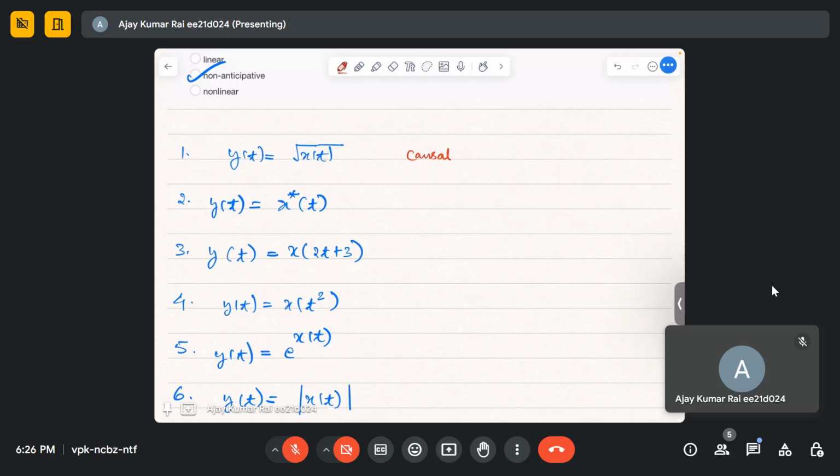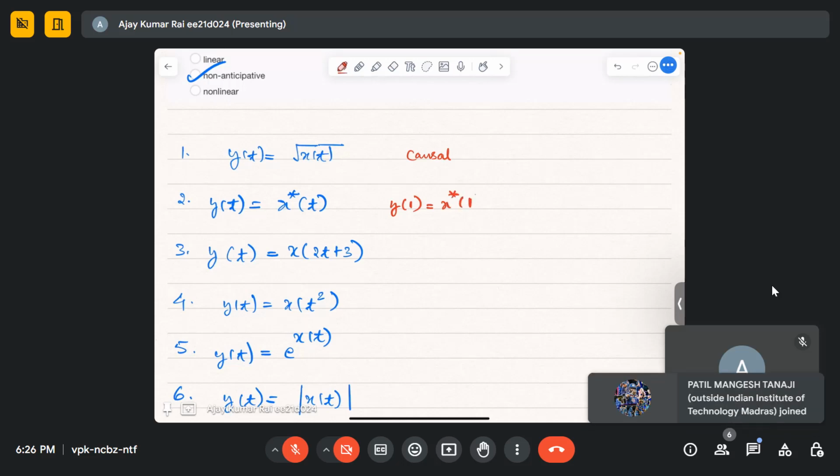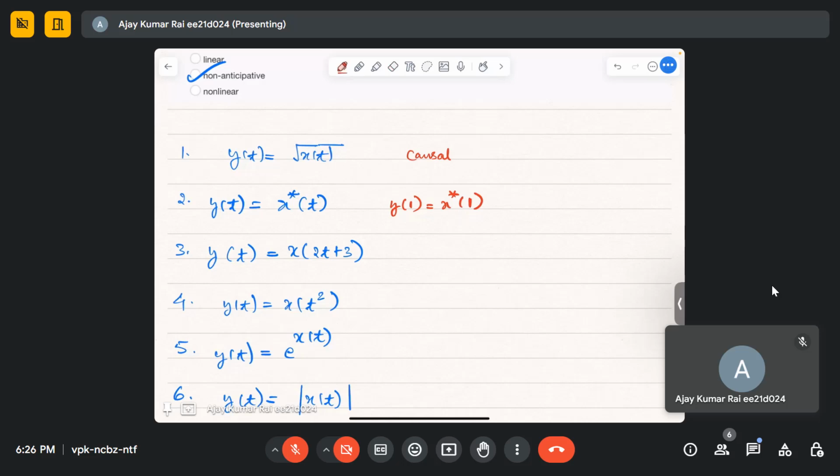Suppose this is a continuous system and I want to find the output at time equal to 1 second. I need the input at time equal to 1 second, so this is the present input. To find the output at different instants, I need the input at that instant, not the future instant. That's why this system is also causal.